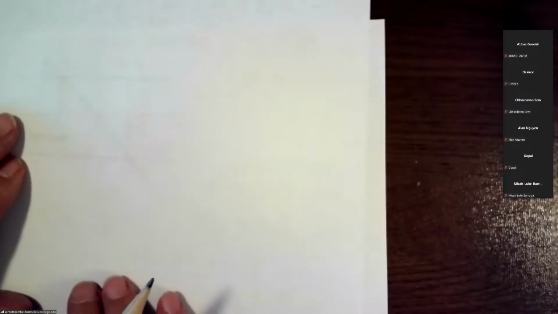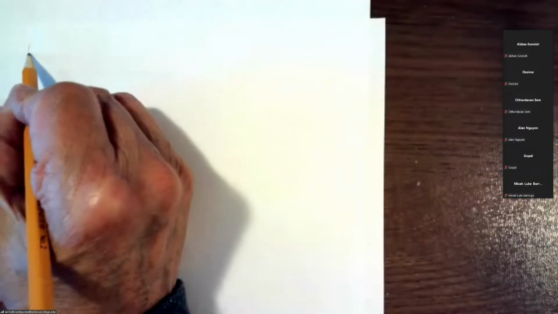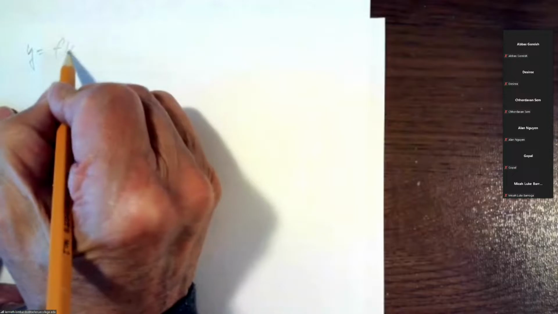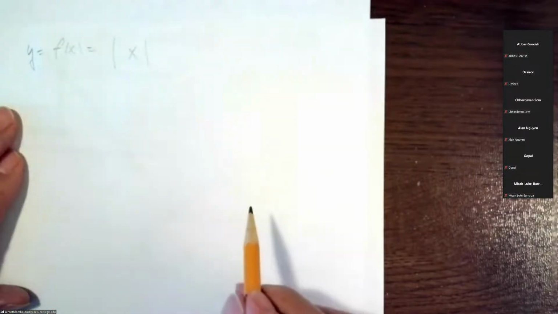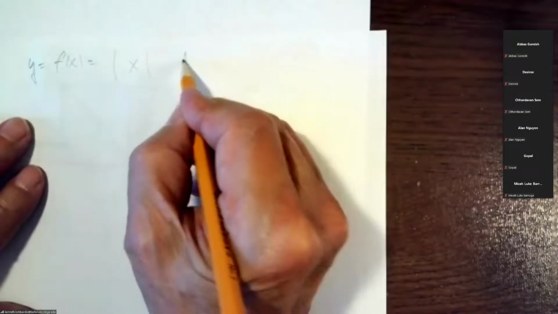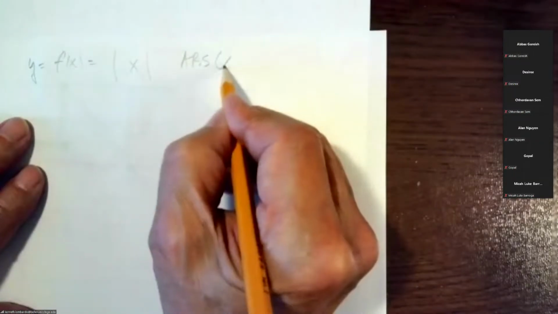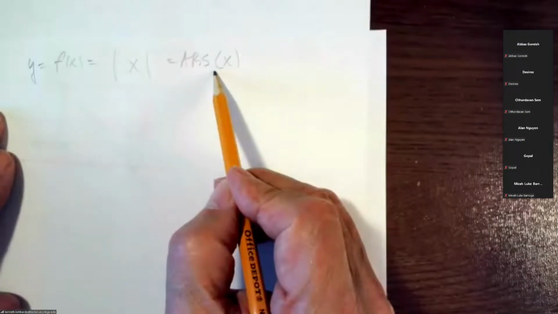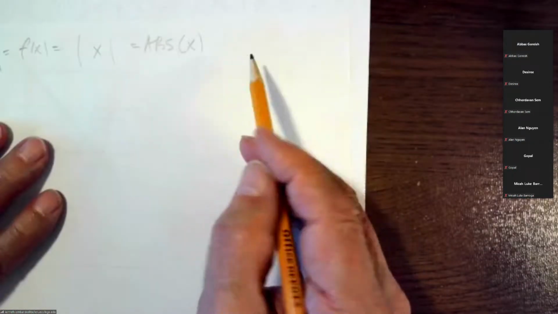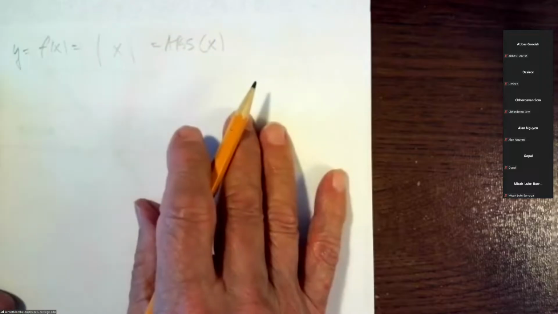Okay, let's try another function. One of the common functions. Let's say we have y equals a function of x, and we call it the absolute value function, ABS of x. On our calculator, we would have ABS, wouldn't we? And so if we were to graph this, well, how would we graph it?